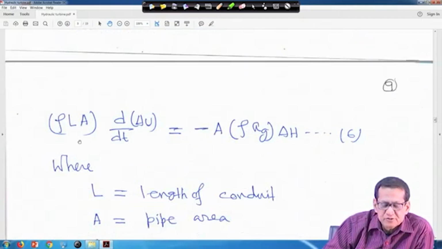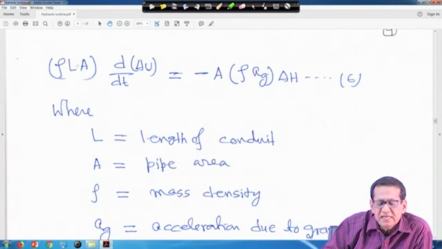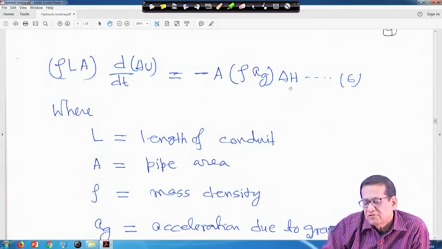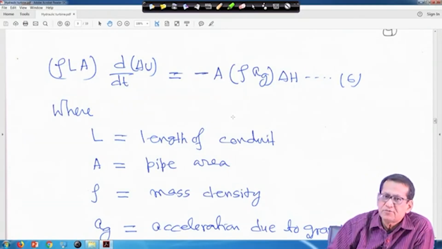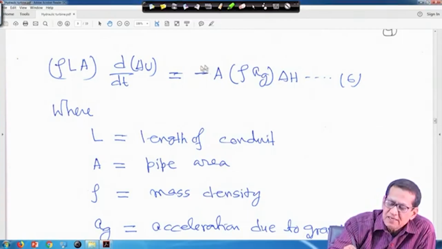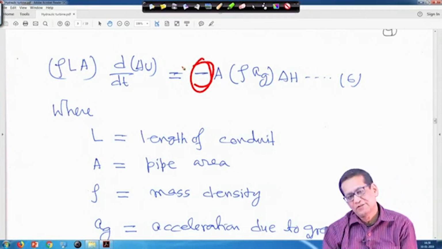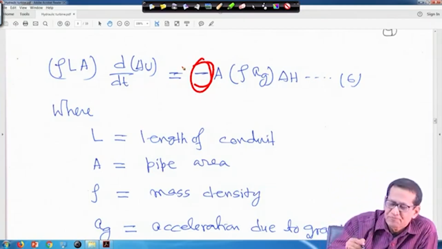It can be written as rho into L into A into d/dt of delta U is equal to minus A into rho into A g into delta H. Here is a small question for you: why is this minus sign there?